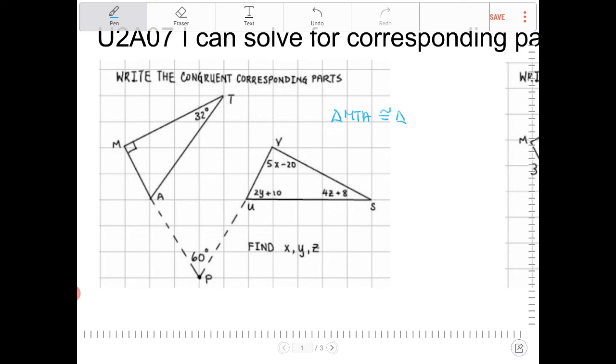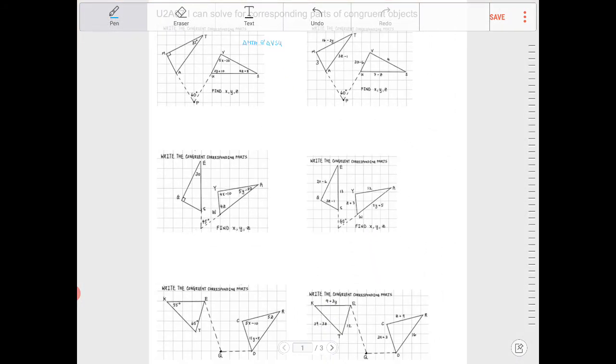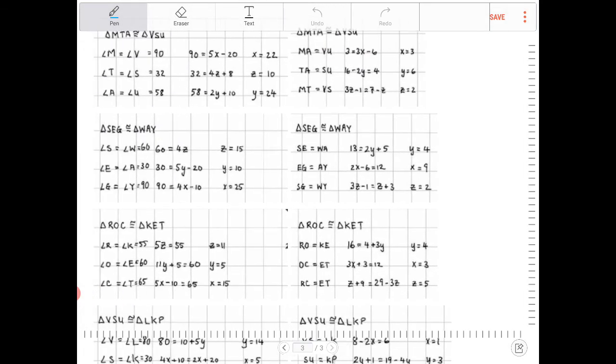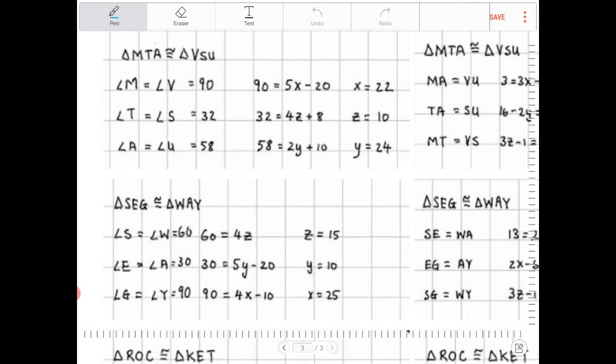So MTA would correspond with VSU. If you check out the solutions to this exercise, all the solutions will have that. Just make sure that all the letters line up and correspond in that manner.